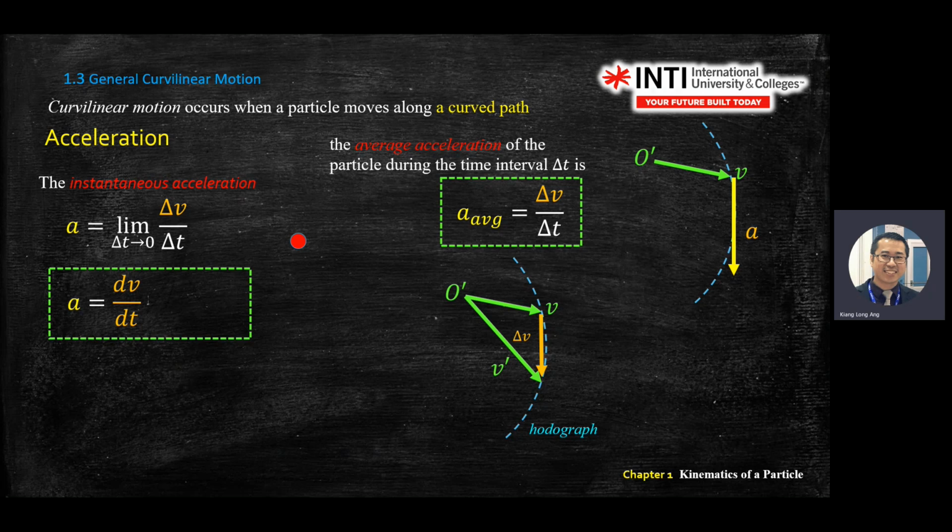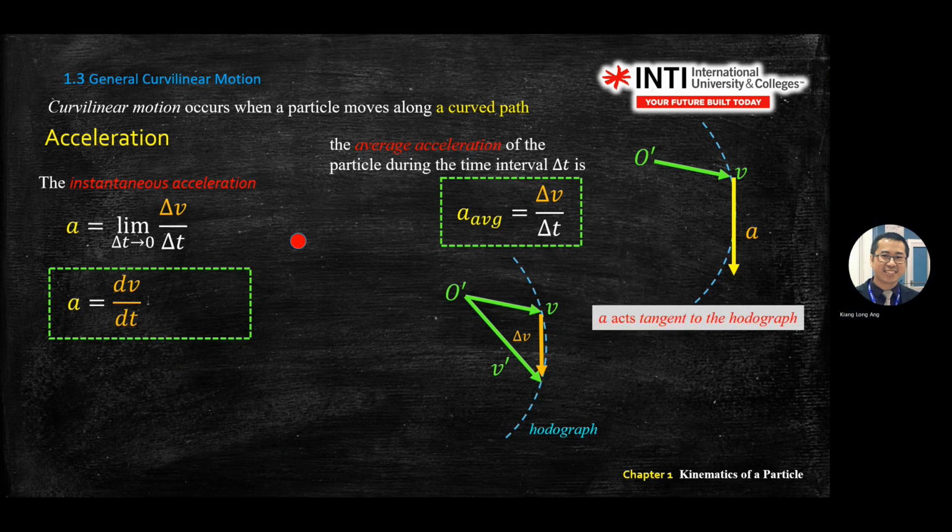Many students assume this A is the same as V. No, so don't make this mistake in your answer. On the hodograph, yes, but when you solve problems, usually you combine velocity and acceleration together. So don't use this hodograph in the real analysis diagram.